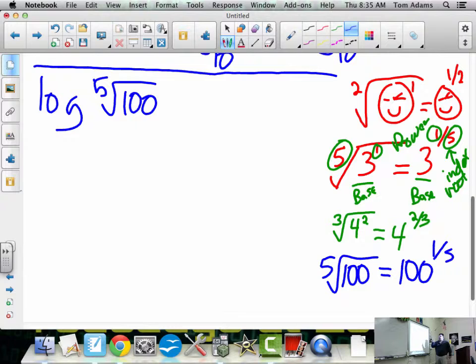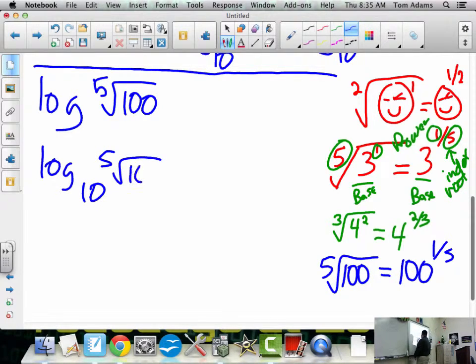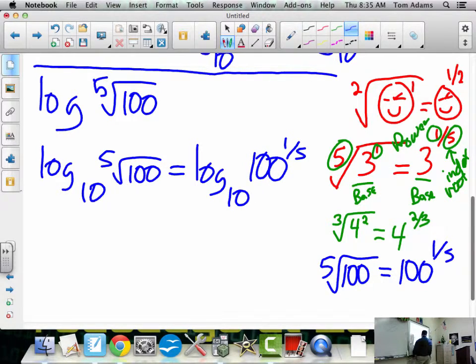But what I want you to remember is that the log of the 5th root of 100 is really the log base 10 of the 5th root of 100. And she's right. The only problem is I have a base of 10 and I have 100.